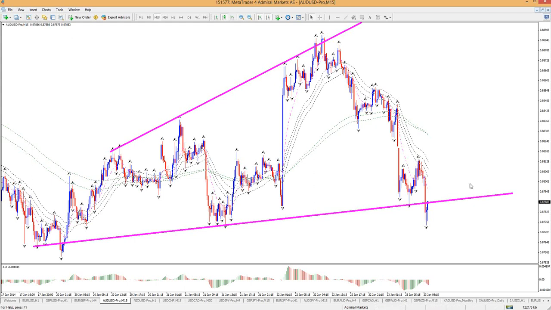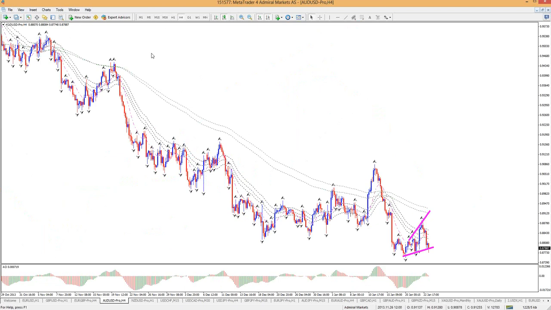I don't like the structure of this. I mean, it's a good downtrend. I'd just rather wait for a bigger consolidation. Here you can see that downtrend.